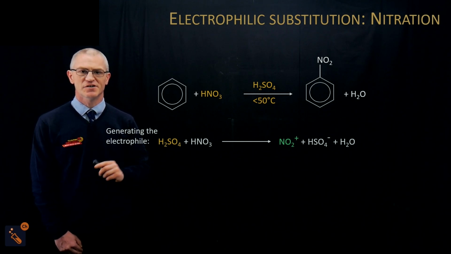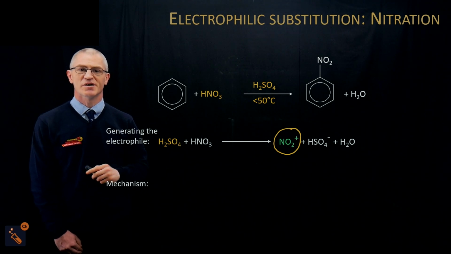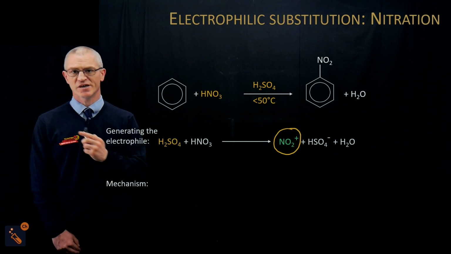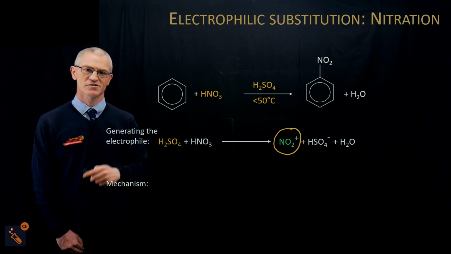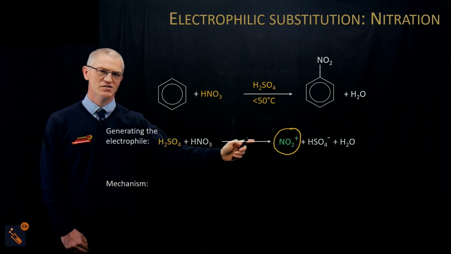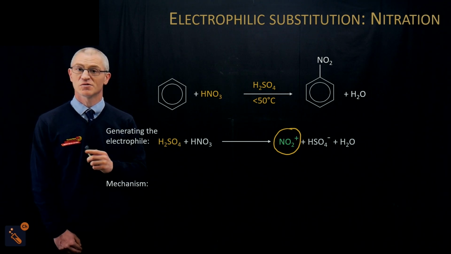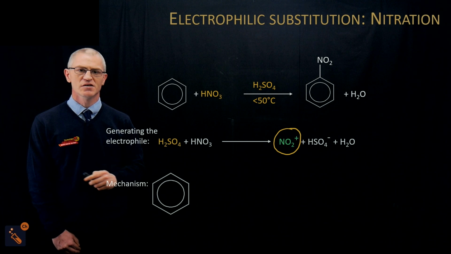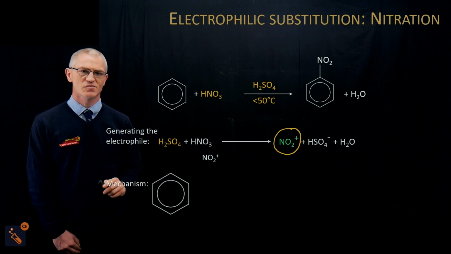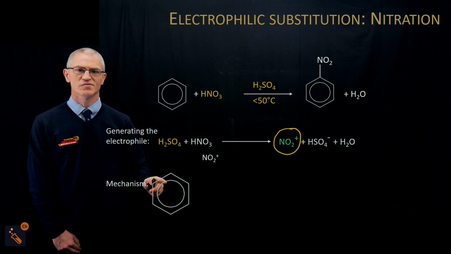So we've made our electrophile. After that, we're going to do the mechanism. It uses the general mechanism we had in the last slide. So if you want to have a go at just doing it with the electrophile, feel free to do so. Stop the video and have a go. So here's the mechanism. We've got our electrophile, we've got the ring.